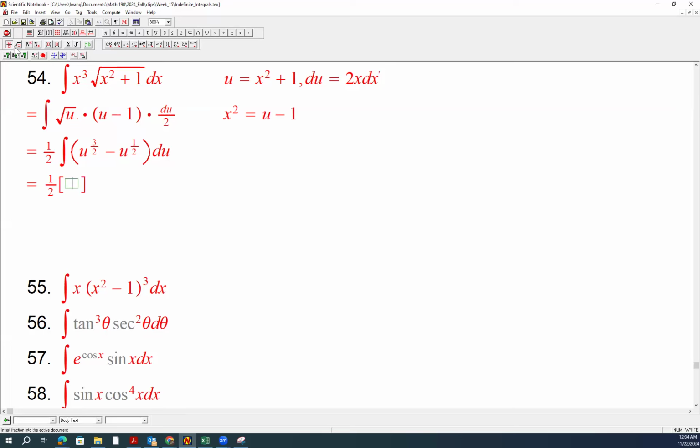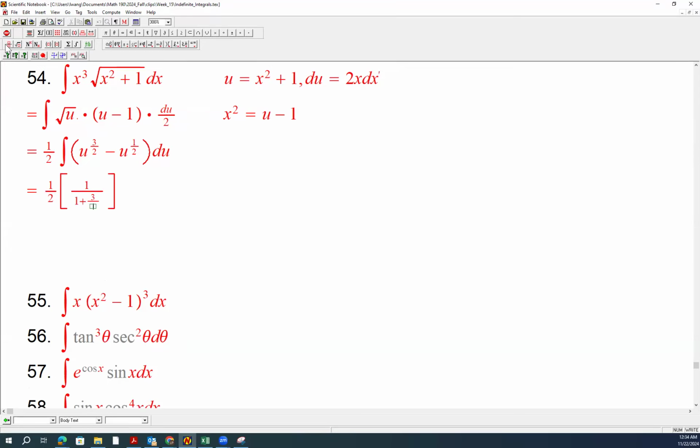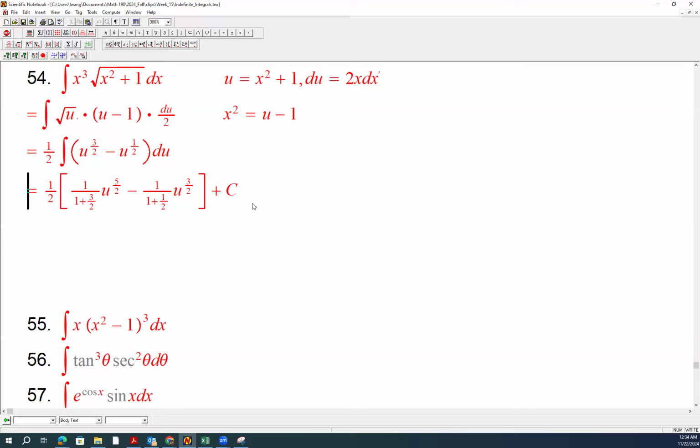We're going to have 1 over 1 plus 3 halves, u raised to the power of 5 halves, subtracting 1 over 1 plus half, u raised to the power of 3 halves, and plus the constant outside.